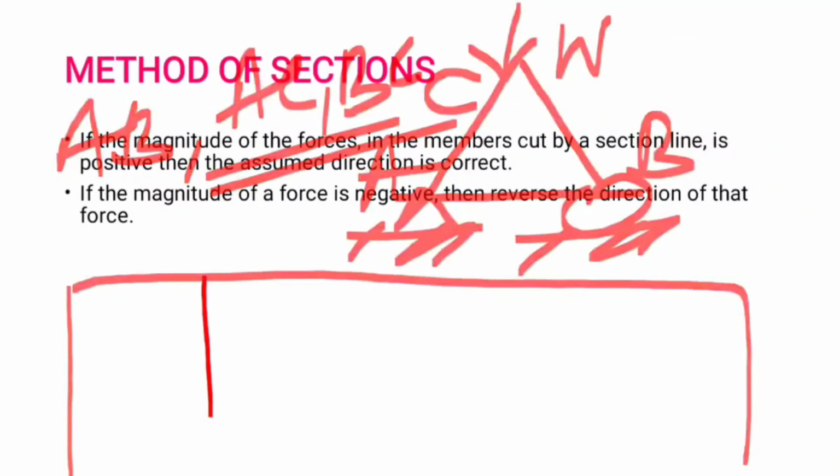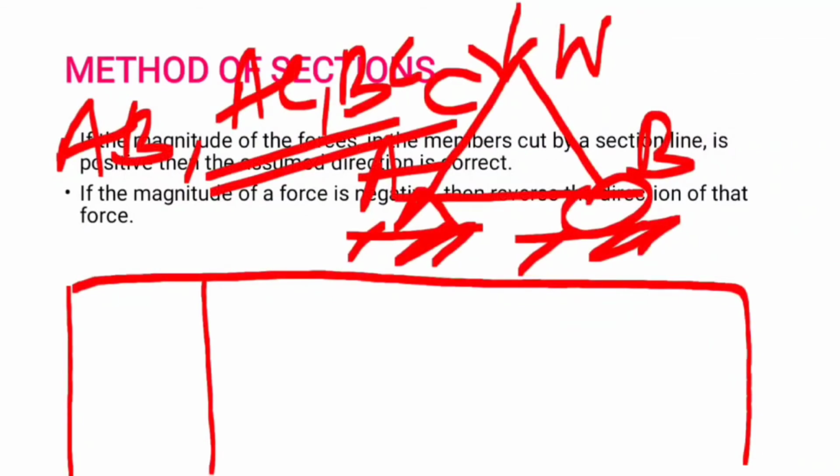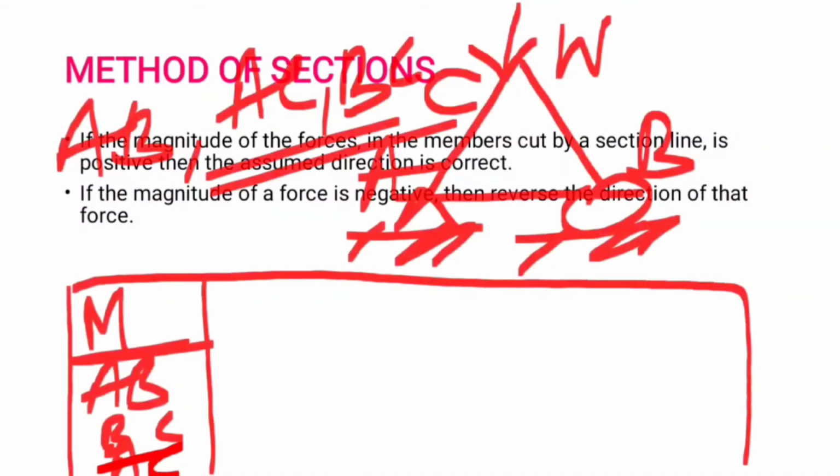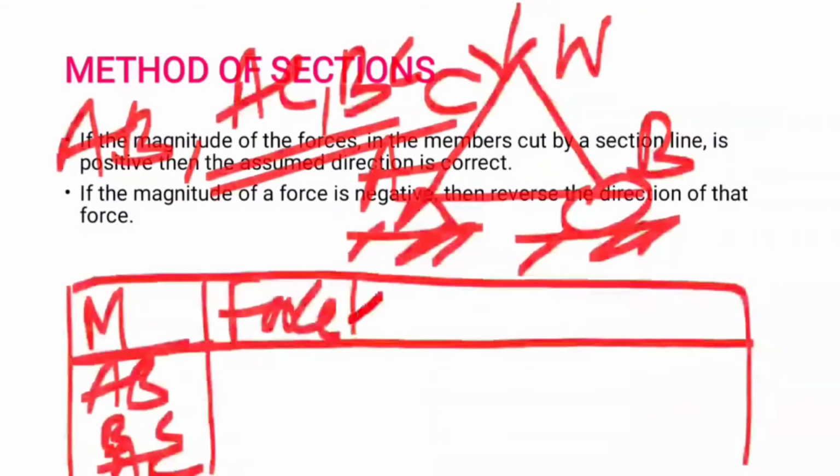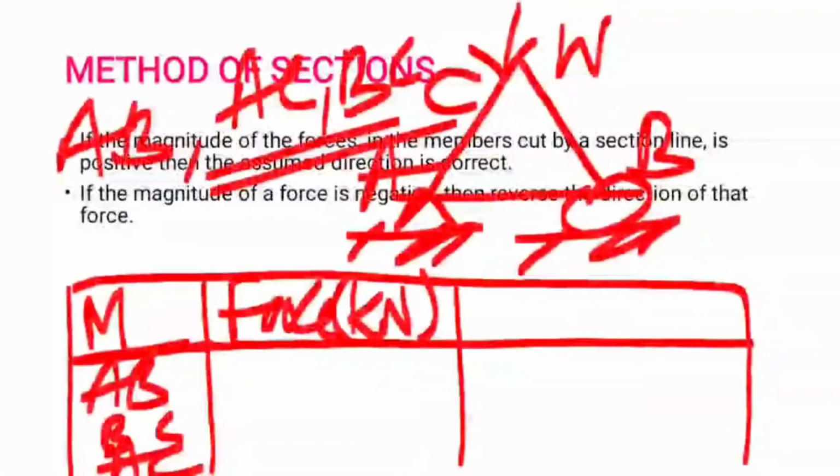In the tabular column, first we write the members, that is AB, BC, AC or CA, anyhow. Then you write the force value in kilonewtons. For member AB, the force is some value X or Y that we get.